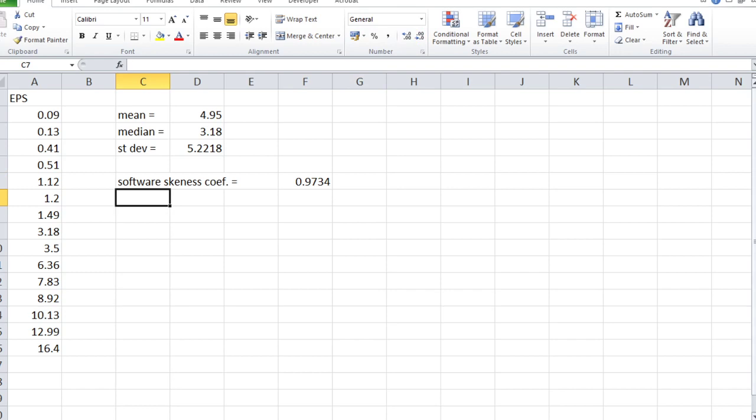And Pearson skewness coefficient. I have a couple of typos here as well. Skewness, okay. Let's go back to our formulas.